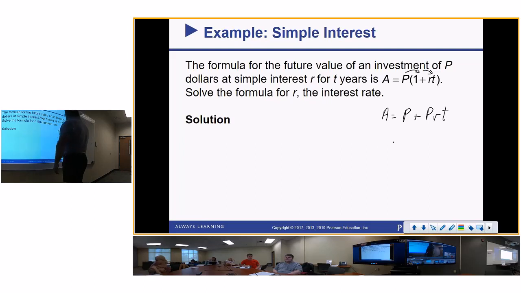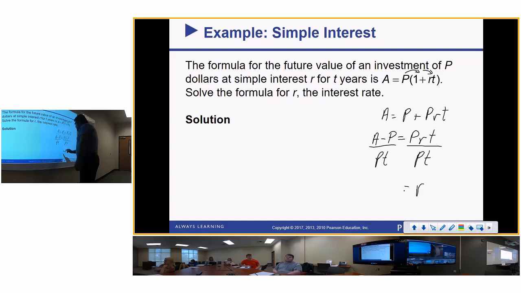Now I'm going to subtract the P. A minus P is equal to PRT. And then divide by PT and divide by PT. So R is equal to A minus P divided by PT.